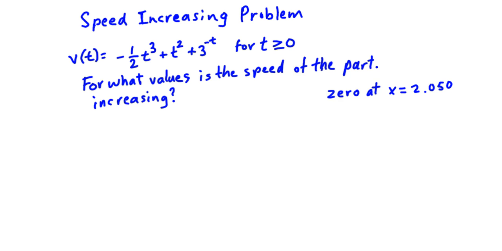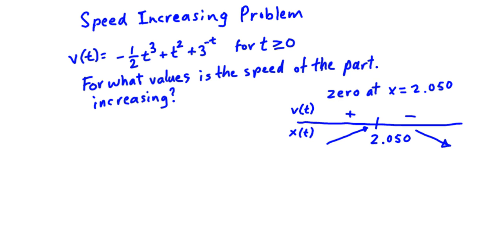You're starting positive and going negative, and using the critical number, which we found the 0 on the number line, the graph looks like this, coming down, and the critical number here is going to be 2.050.